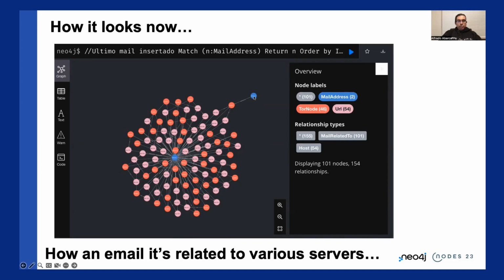The nodes in blue are the two different email addresses, and how these email addresses are normally associated with a Tor node, a server itself, and the different URLs, right? As you can see, these two different email addresses are being associated with 46 different servers, right?